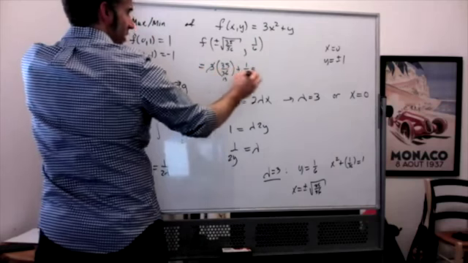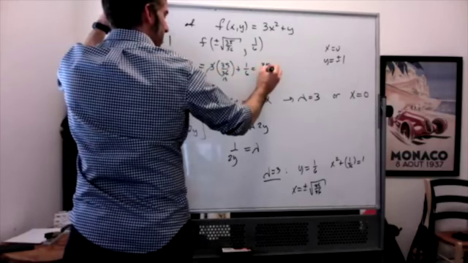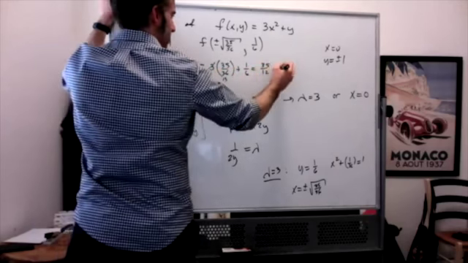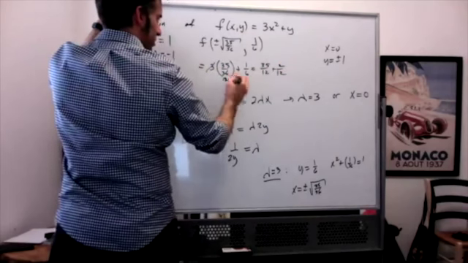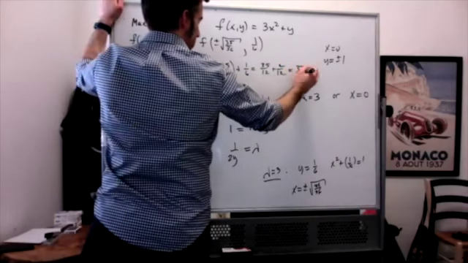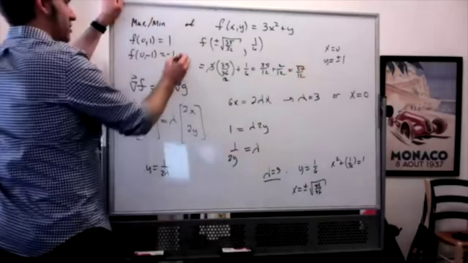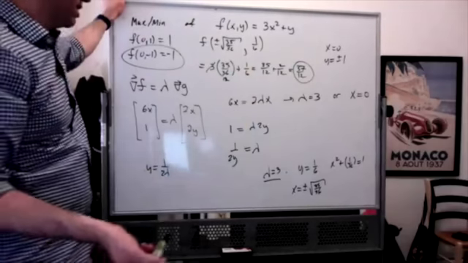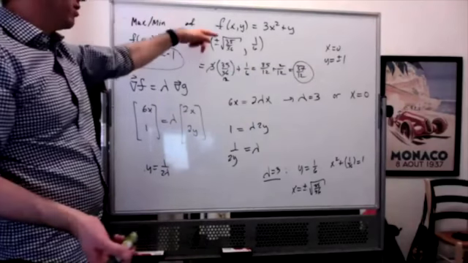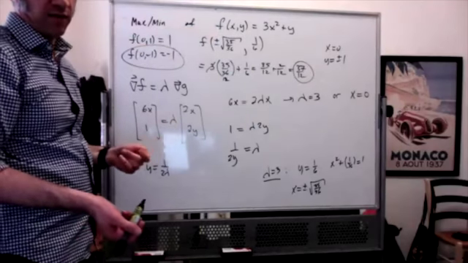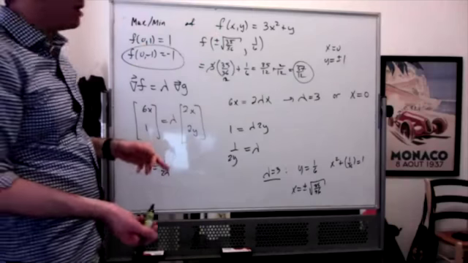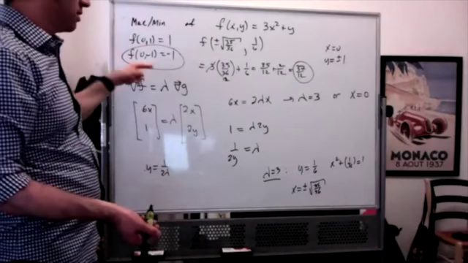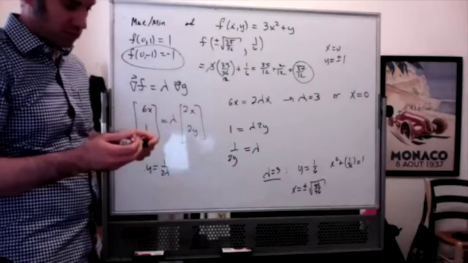You get 35/12 plus 2/12. That's going to be 37/12. So there's the smallest thing. There's the biggest thing. So this one has a maximum at both positive and negative root 35 over 36, 1/6, and it has a minimum at 0, negative 1. Interesting.